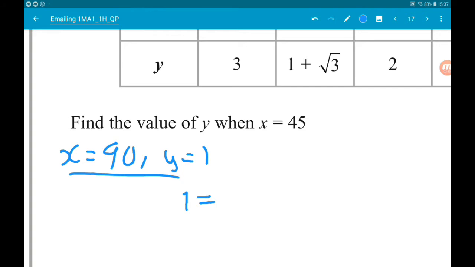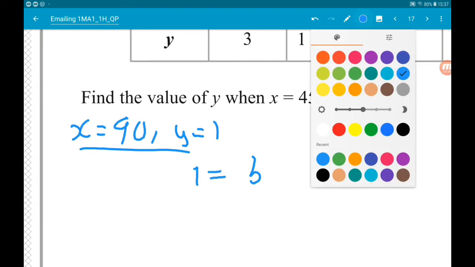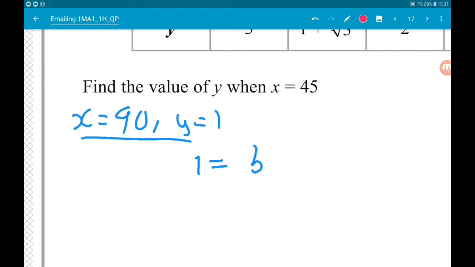So that actually tells us that b is equal to 1. So we now know that y is a cos x add 1.